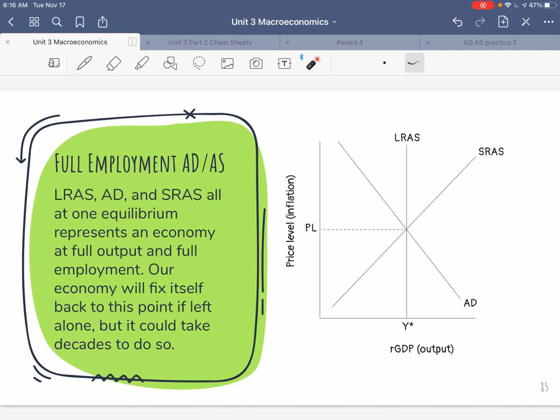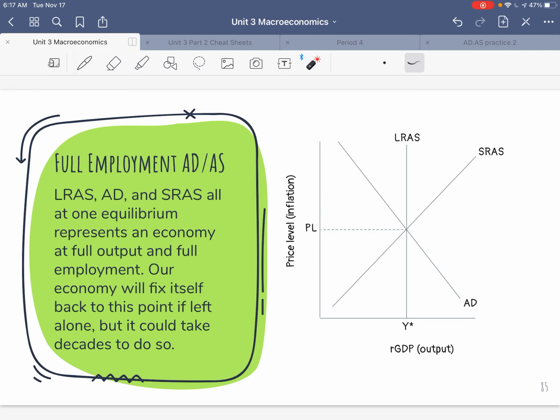The demand is same as the supply for goods. We've got a good amount of full employment right here. We are producing as much as we can without going into recession or inflation. And our price level is at equilibrium too. So prices aren't up here where they're really, really high. Prices aren't down here where companies aren't making money. They're in the absolute perfect place, okay?